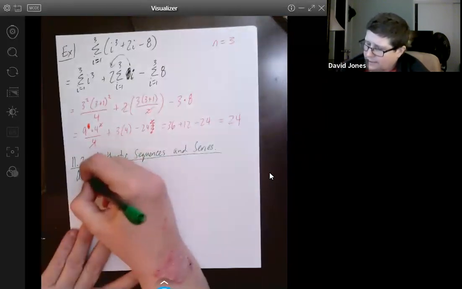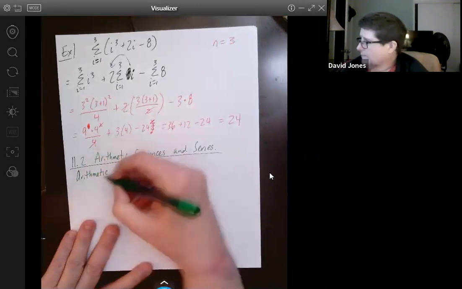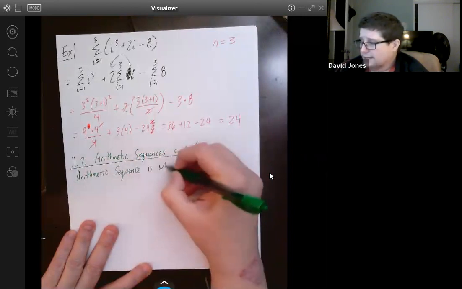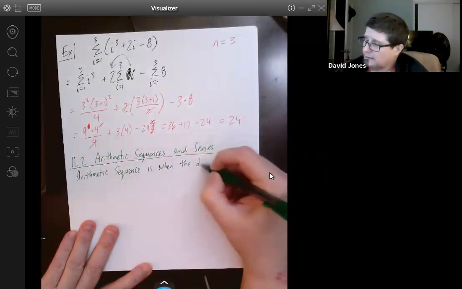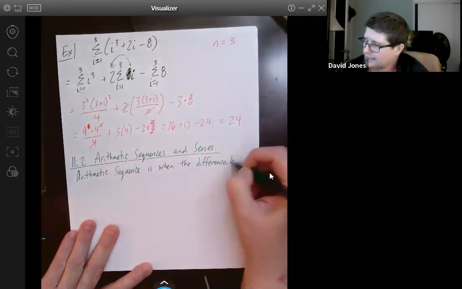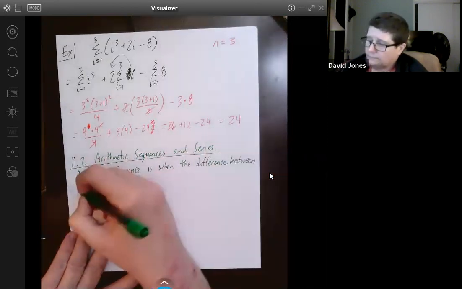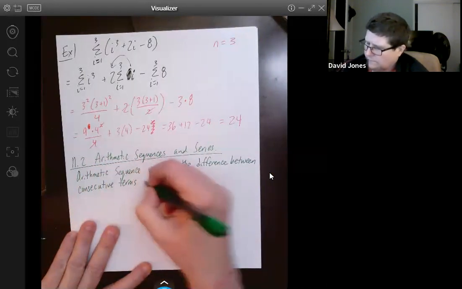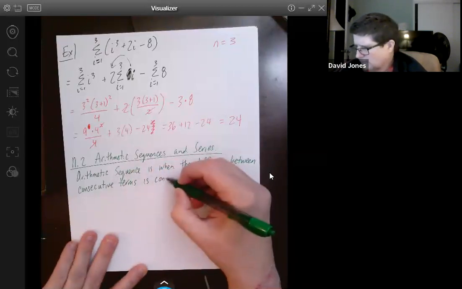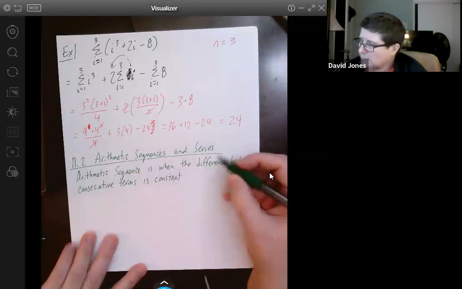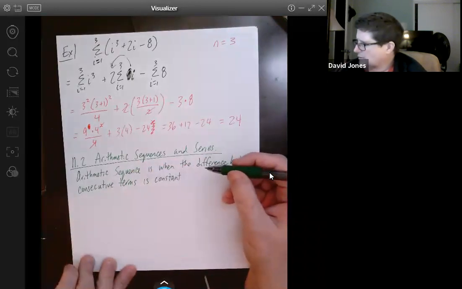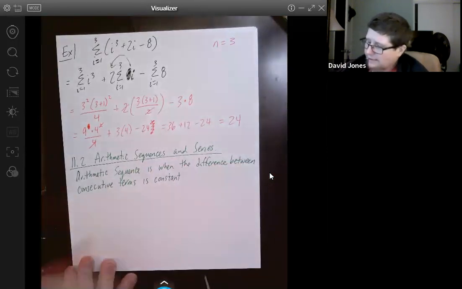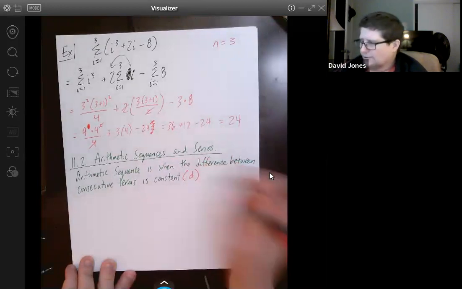So an arithmetic sequence is when the difference between consecutive terms is constant. And we're going to call that constant difference d, lowercase d.